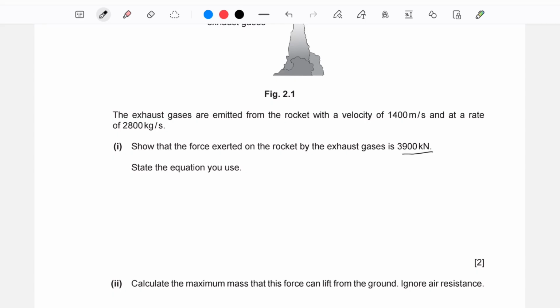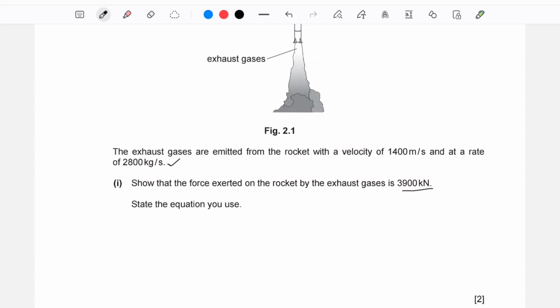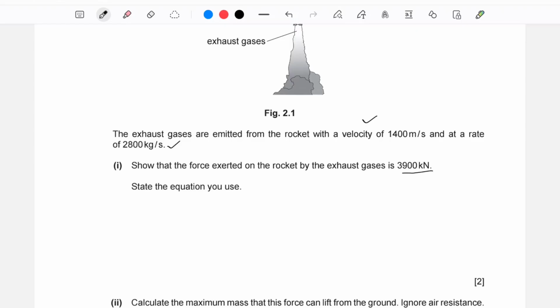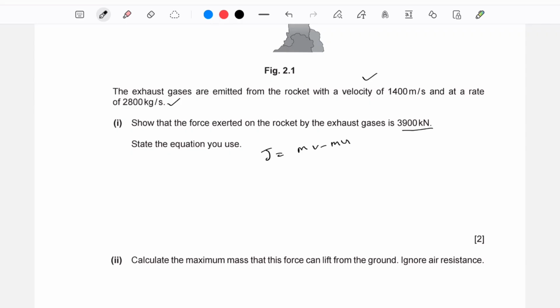Okay, so we have the mass here, and we also have the velocity, and we are asked to find the force. So we know the impulse is equal to mv minus mu, which is basically the change in momentum, and we also know that impulse is equal to force times time, and we can combine these two and we can find the force.